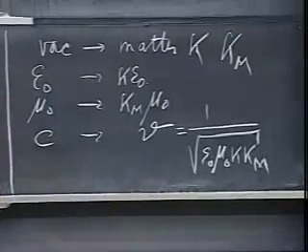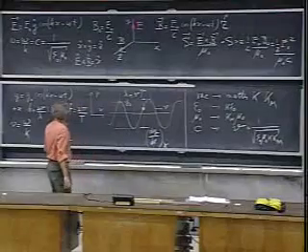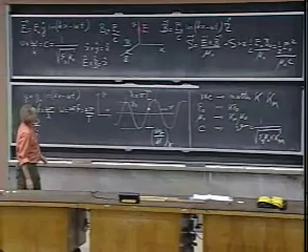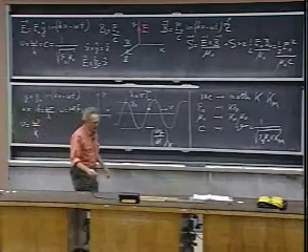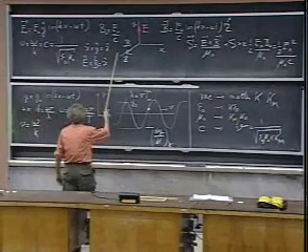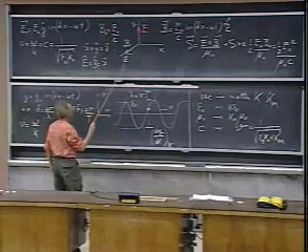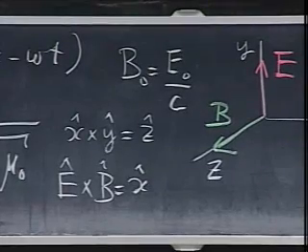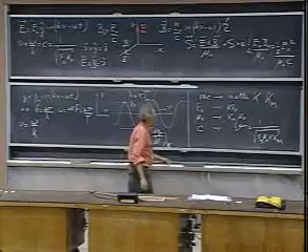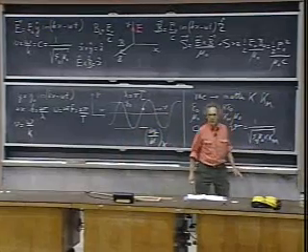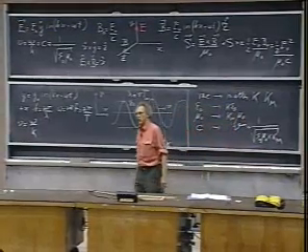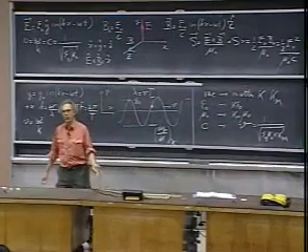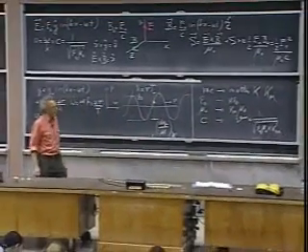And so my B0 becomes now E0 divided by v, and no longer divided by c. Kappa can be a very strong function of frequency, so can kappa m, but kappa m, of course, is only important for ferromagnetic materials.